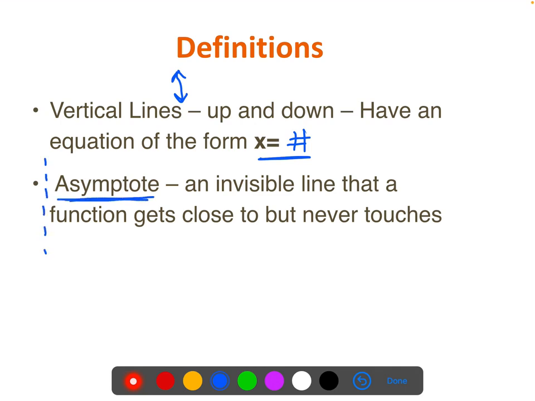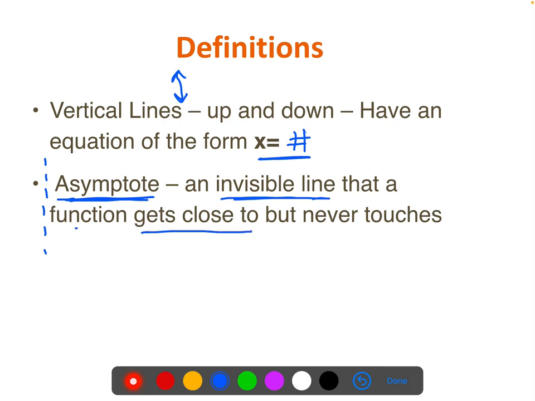Now, on our graph, we're going to have a dashed line. We call that one an asymptote. It's an invisible line on your graph. Since it's invisible, you can't see it, so we make it dashed to represent that it's not something you can see.